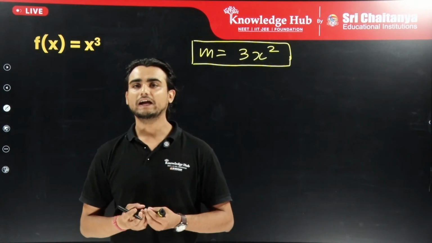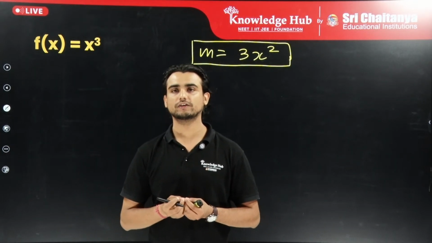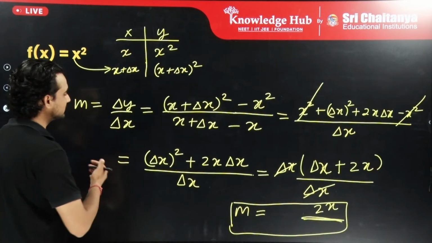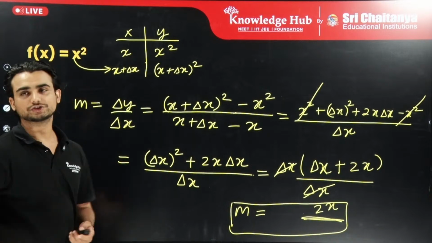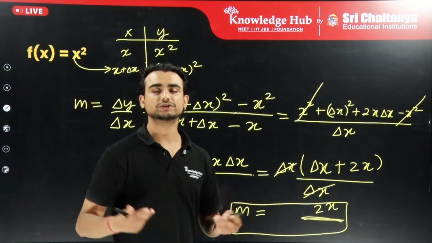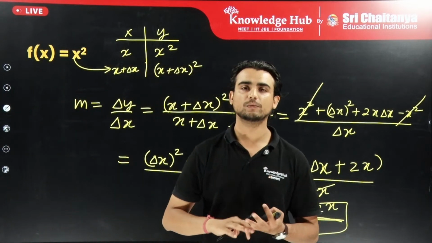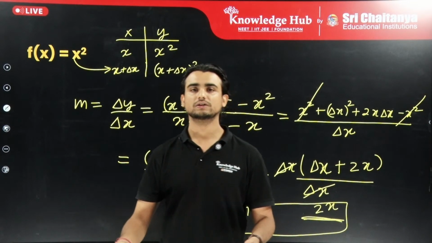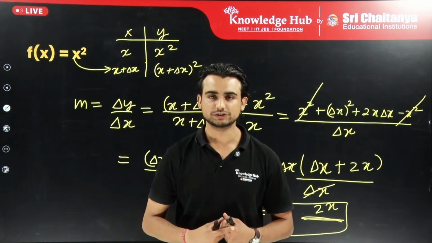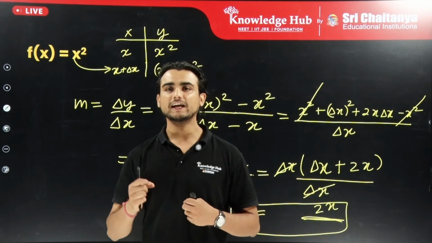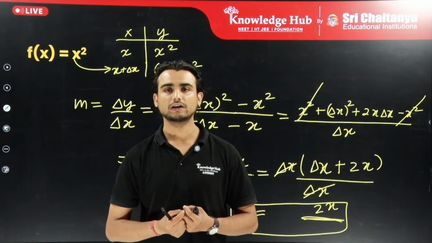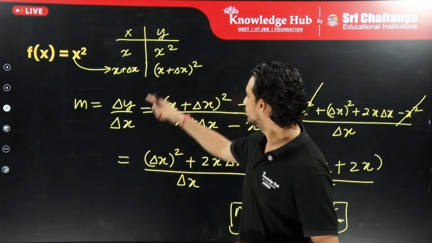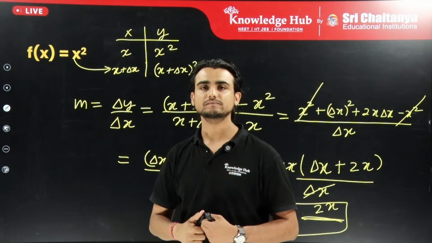So we have defined a formula for the slope, right? Now we will not do the same exercise for each and every function. There are millions of functions: sine, cos, trigonometric functions, log functions, exponential functions, quadratic functions, linear functions. For each and every function, it is not possible to do the same exercise every time.